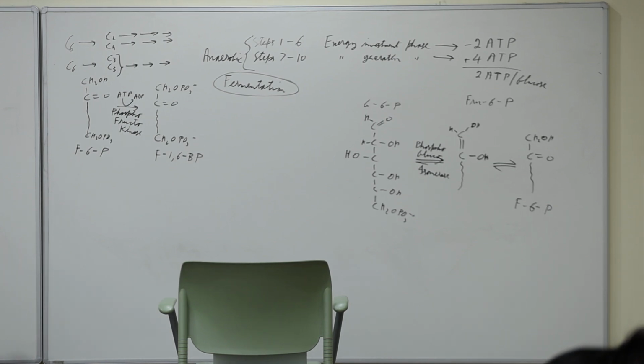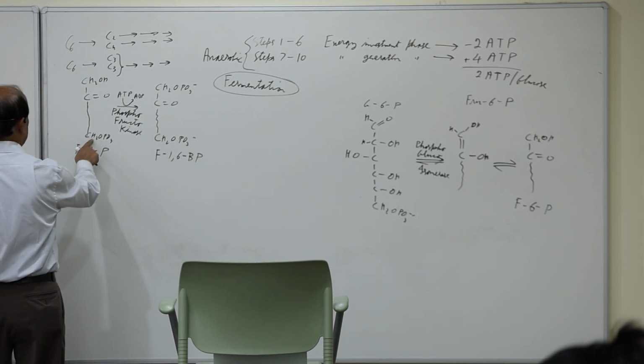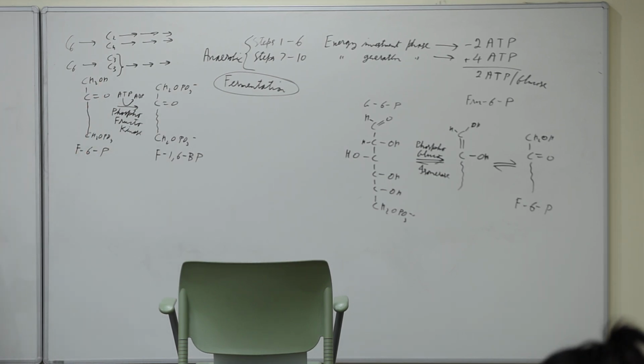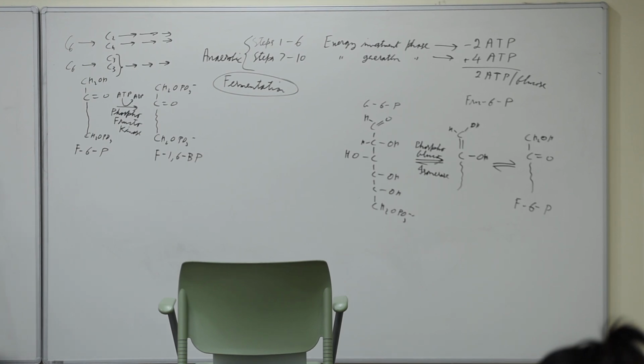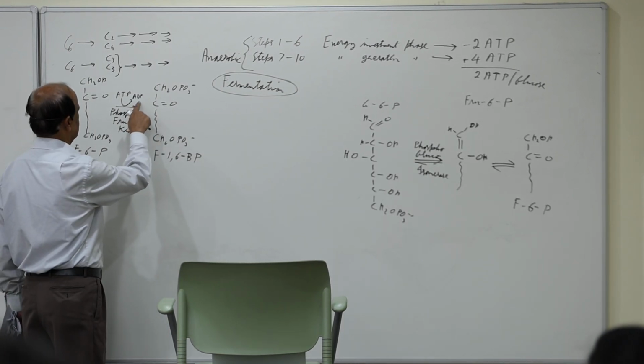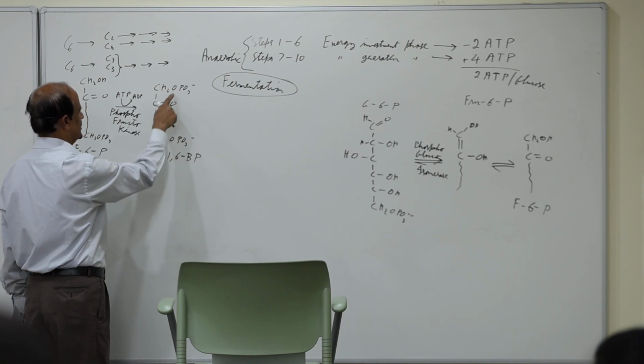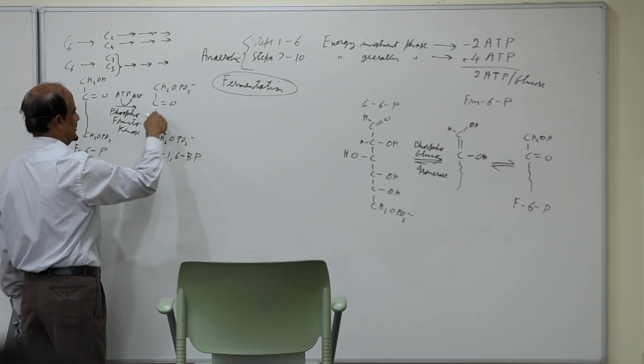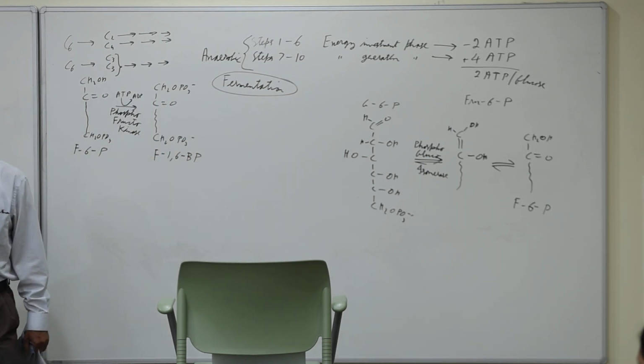In order to be the same molecule, if one of them has a phosphate here, the other one must also have a phosphate here, because you are breaking it into half. So they should both have a phosphate. And that's the reason why you are putting a second phosphate here. So you have phosphate here and a phosphate here, and then you cut it into half. So you have a 3 carbon with the phosphate and 3 carbon with the phosphate.